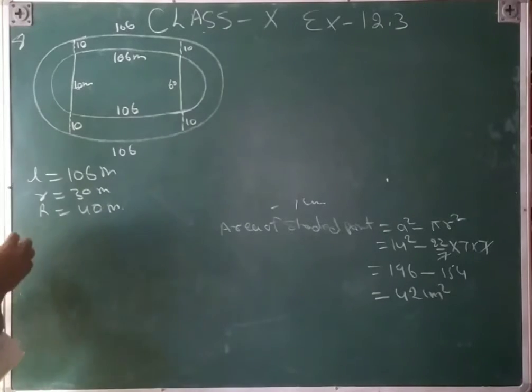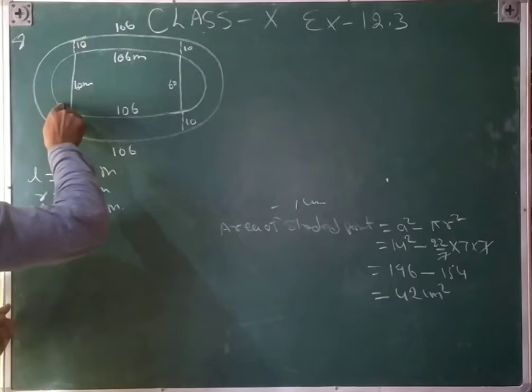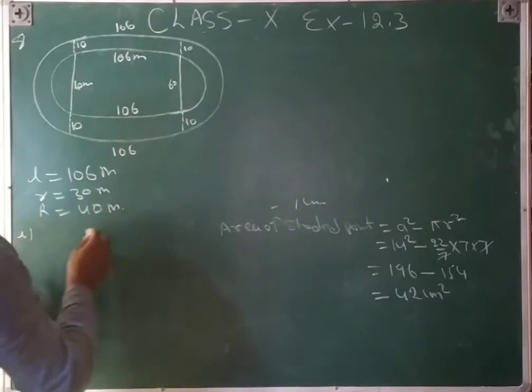Now the first part is to find the distance around the track along the inner edge. For the inner edge track we need two semicircles, that is one circle.